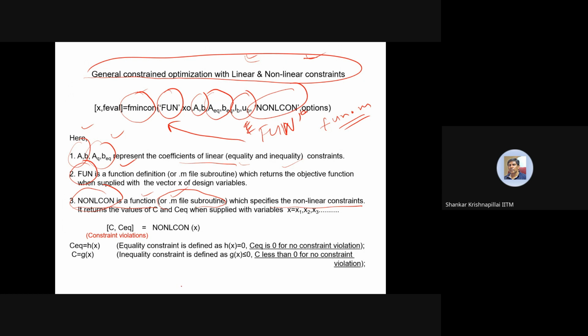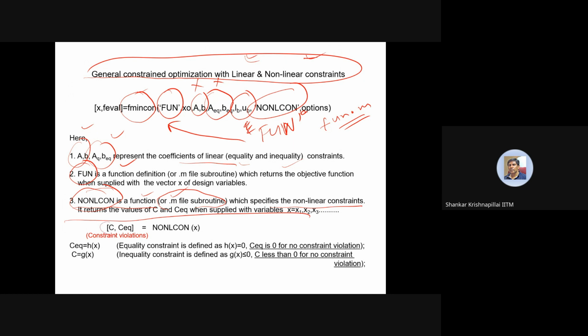Okay. So terms having x squared, xy or sin x, cos x, etc., which are not linear, cannot be put into A, B or A equality, B equality, because they are non-linear. So you have to open a file called nlcon.m and you have to specify all your non-linear constraints. Okay. So let us see how it looks.